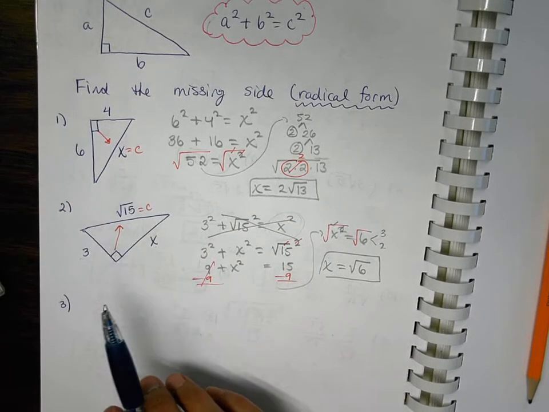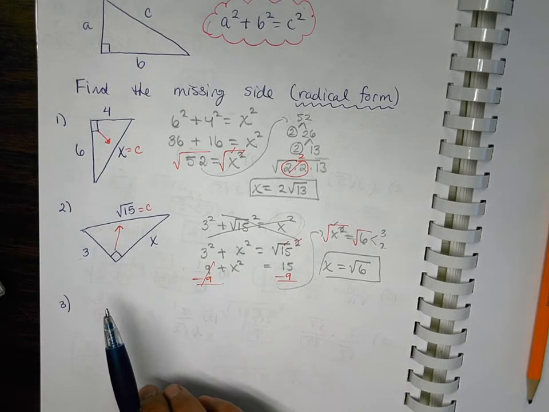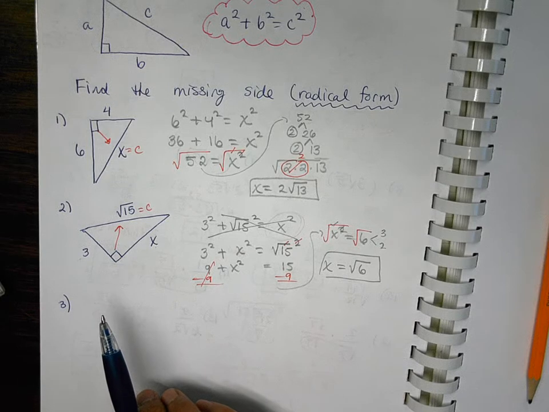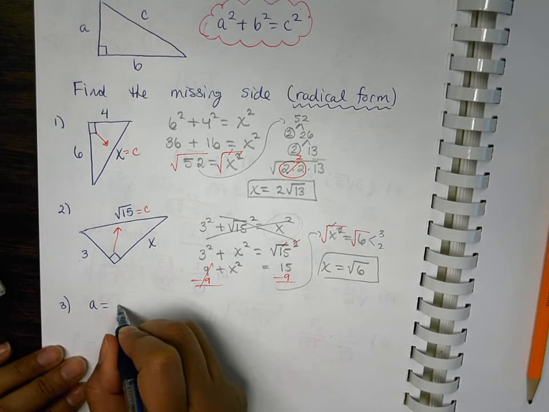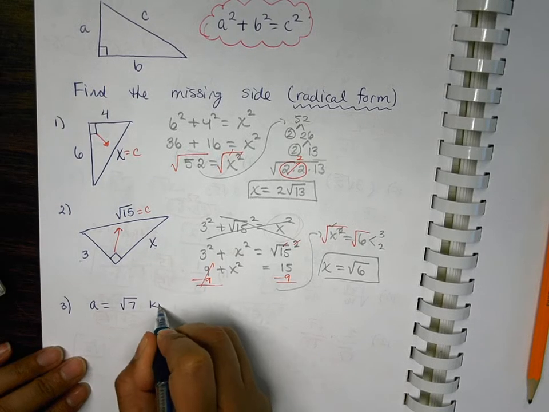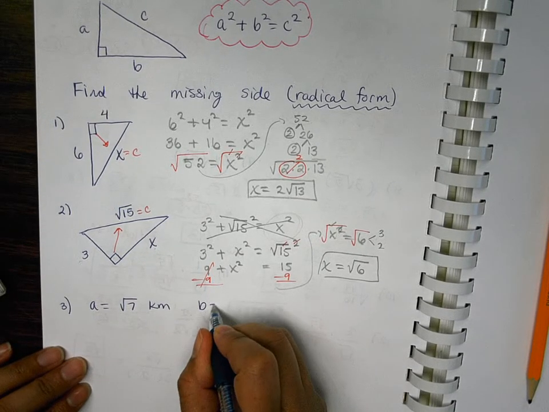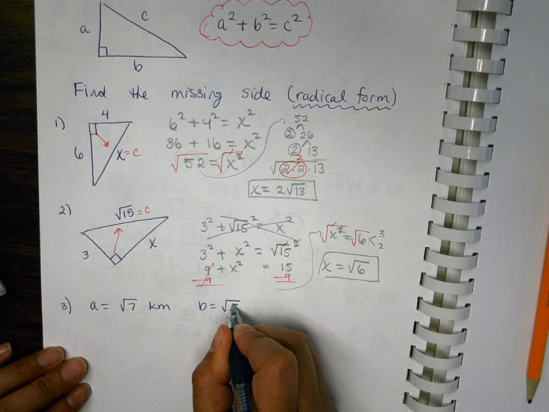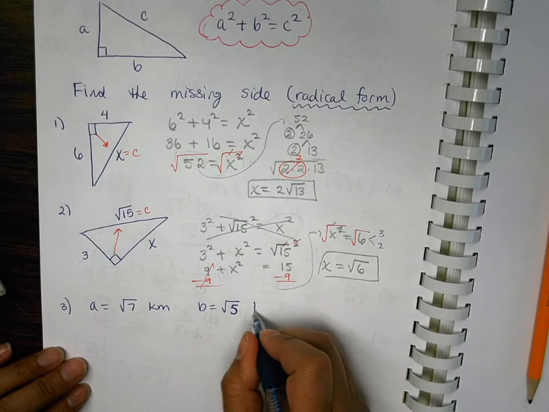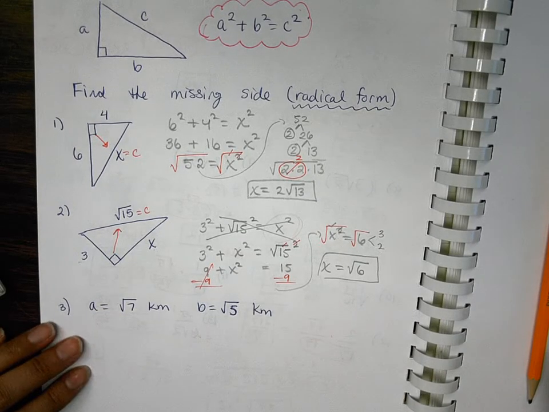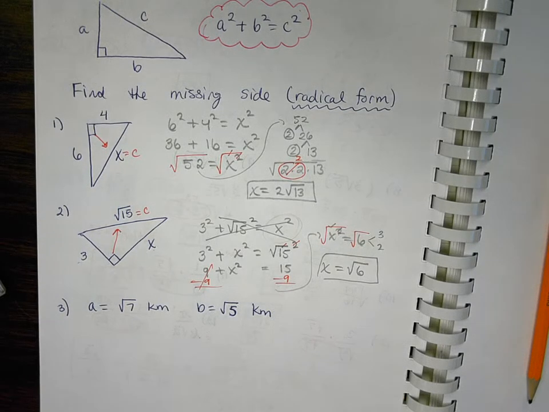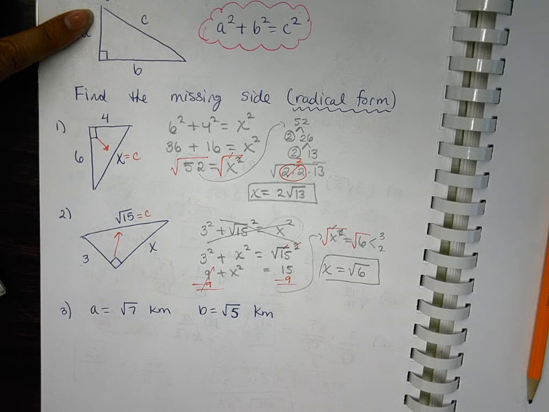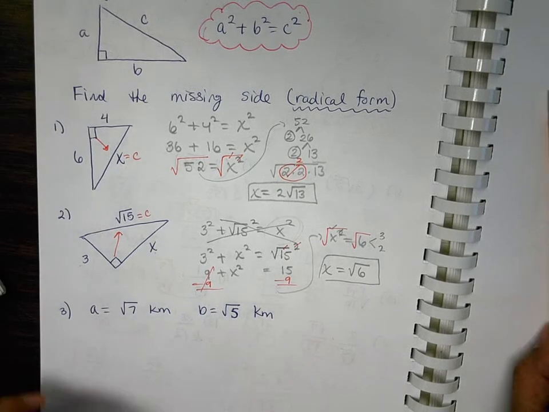Did you figure out your question? I'll keep going. A equals root 7 kilometers and B equals root 5 kilometers. What's the missing side here? C. And we're assuming, just like the one above, that C is your hypotenuse unless stated otherwise.